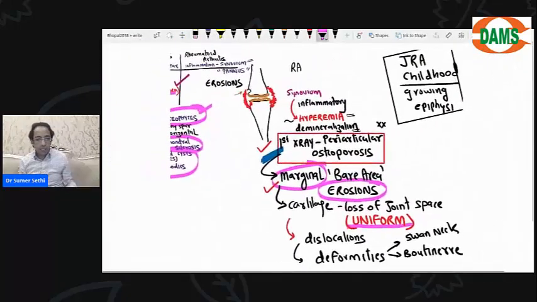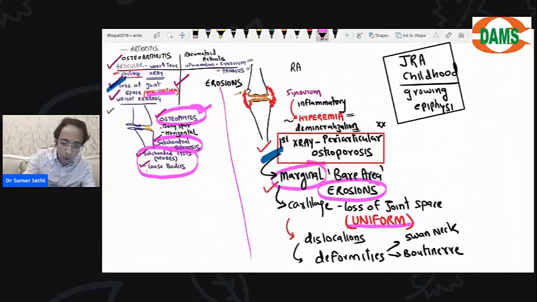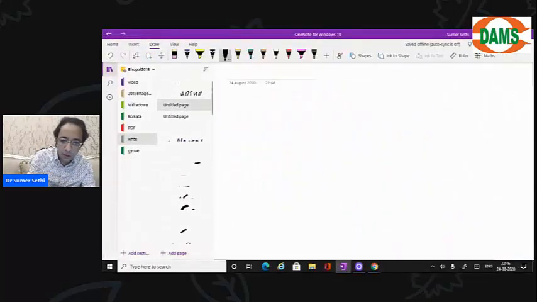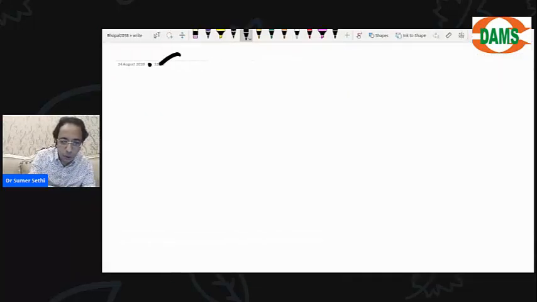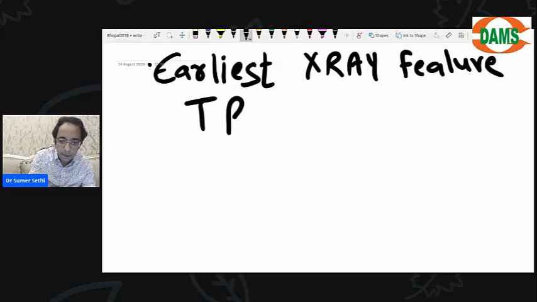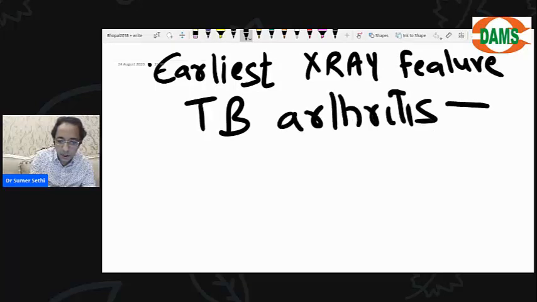So this is all wear and tear. Everybody understands? Now, once you know the broad principles, let me ask you a question. This question will tell me if you have understood the thought process or not. Earliest X-ray feature of tubercular arthritis is.